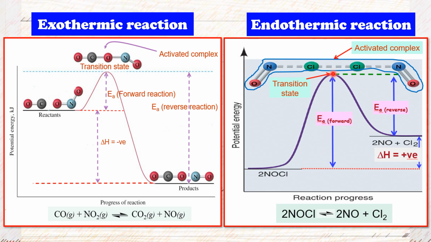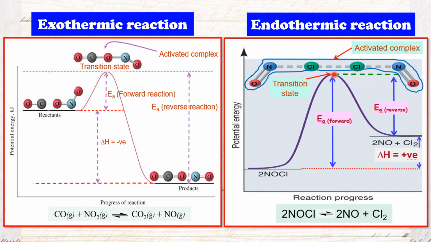So at this state, what we call transition state, the effective collision will occur, and then the reactant here, it will arrange themselves in this configuration, okay, dalam susunan ini. So this is what we call activated complex. The product formed at the transition state.